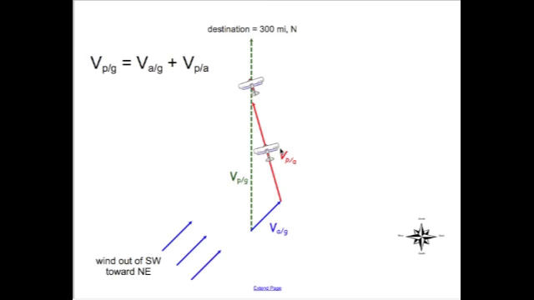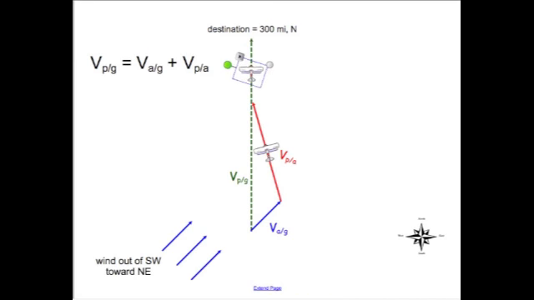Recall where we started. We had our airplane flying a little bit to the west. And this is our airplane right here, flying a little bit to the west. And we now know that that little bit to the west is our 11 degrees. We don't want to fly our airplane due north, because if we did, the wind would basically blow us off course. The wind wants to blow us in this direction. So if we aim due north, the wind's going to blow us over here.